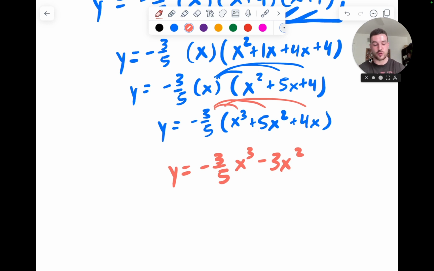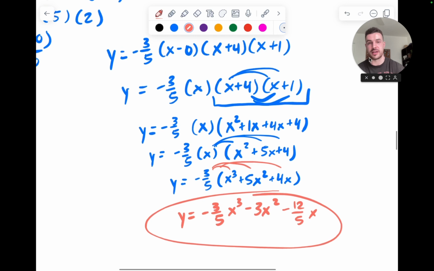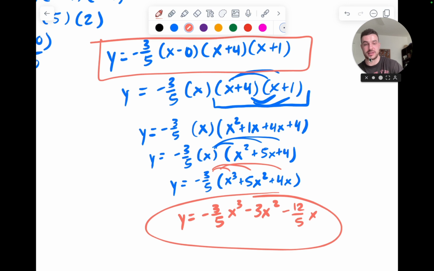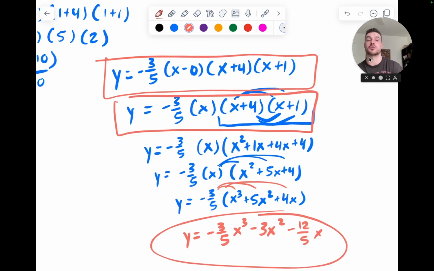And then negative 3 over 5 times 4 is a negative 12 over 5x. So this is the equation in standard form. Again, for the most part, I just ask my students to leave it in factored form, which would be something like this, or even more simplified, something like this one here.